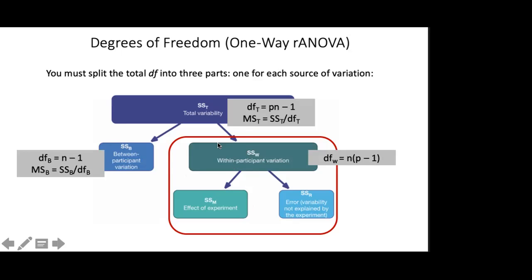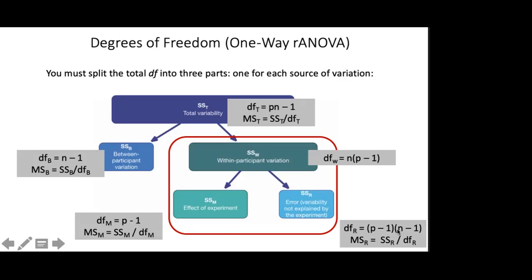And then we have the degrees of freedom for our within-subject variation, where we're losing 1 degree of freedom for each level, because we are calculating the average across all levels for each individual participant. For the effect of the experiment as a model, we are losing 1 degree of freedom by calculating the grand mean across our levels, the number of P levels, so the number of conditions.